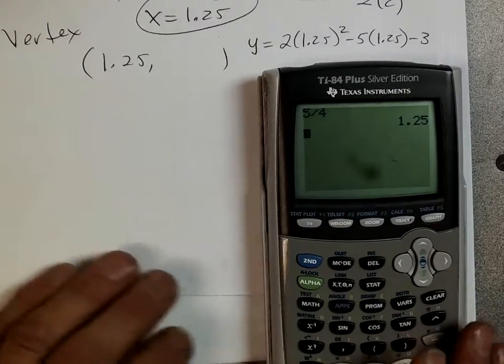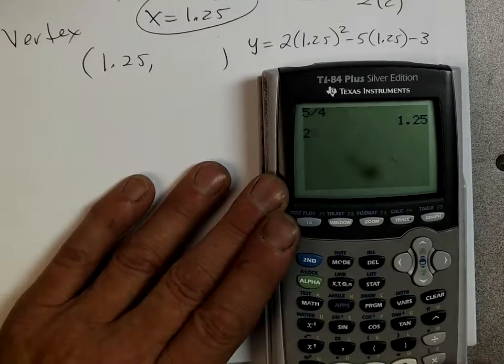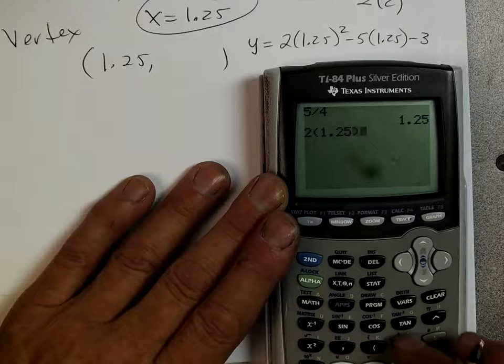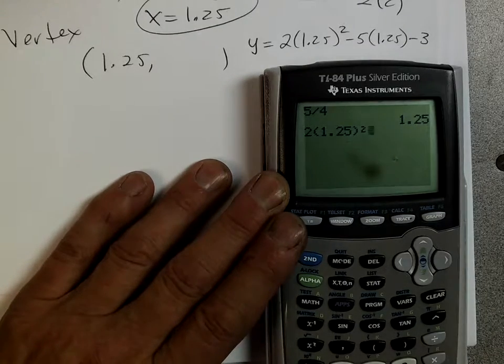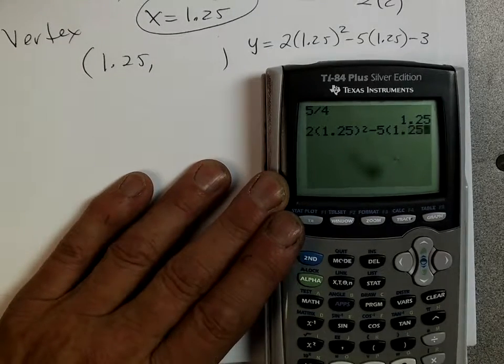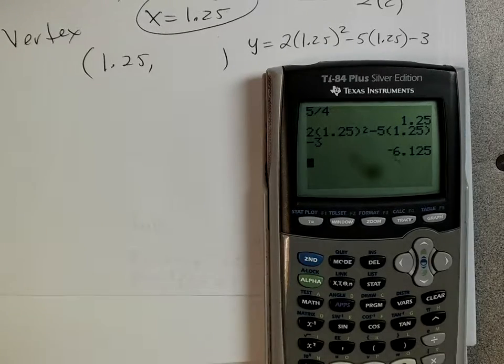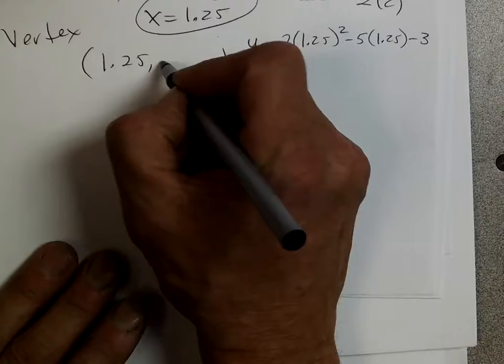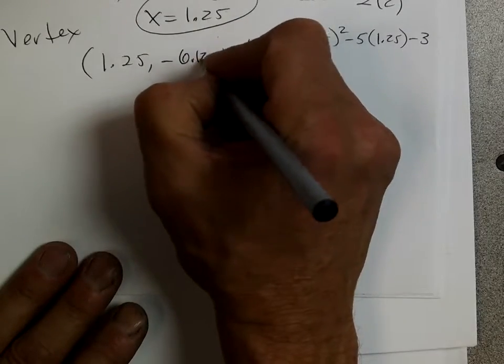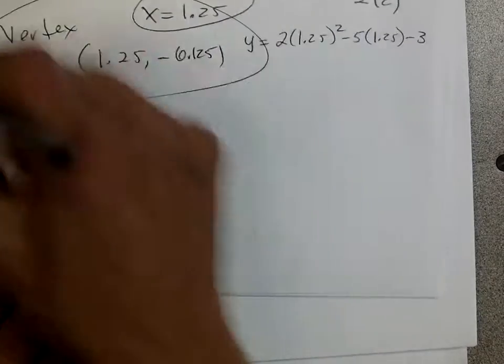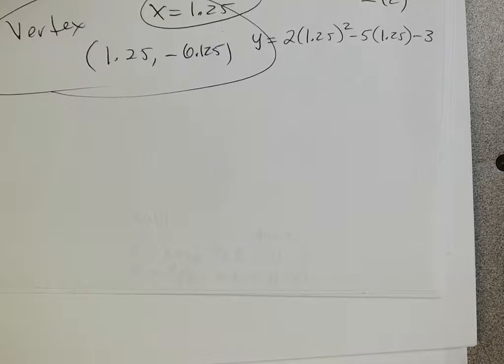If I just go 2 times 1.25 squared minus 5 times 1.25 minus 3, I get negative 6.125. That's the y coordinate of the vertex. I'm going to circle that. That's my vertex, which would be my bottom point. Does that make sense? I get my smiley face, bottom point.